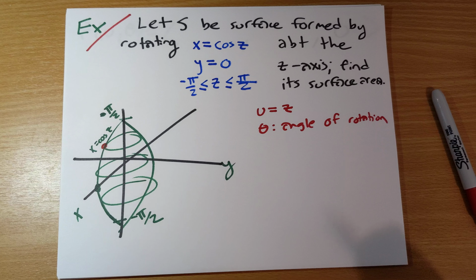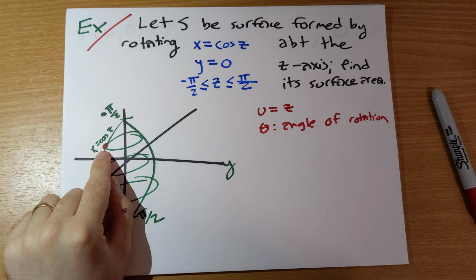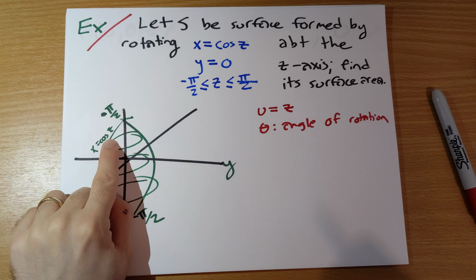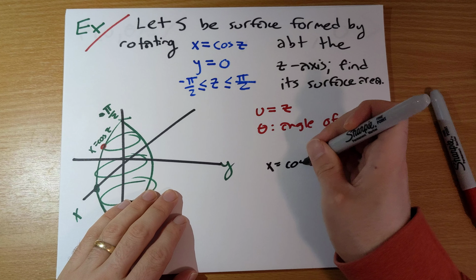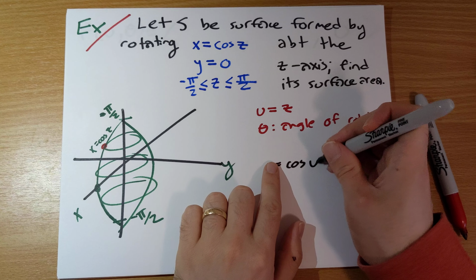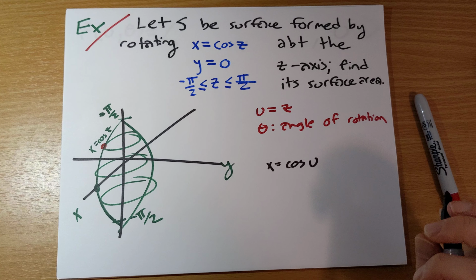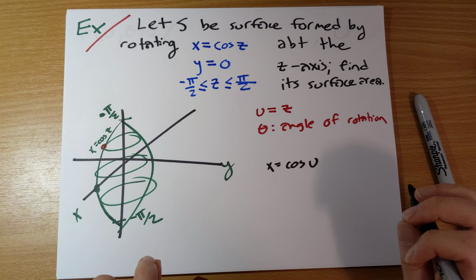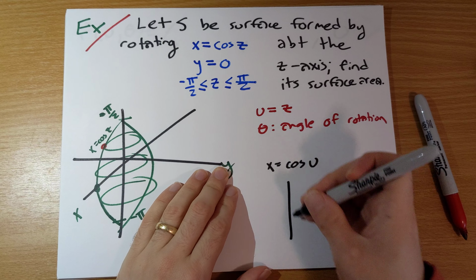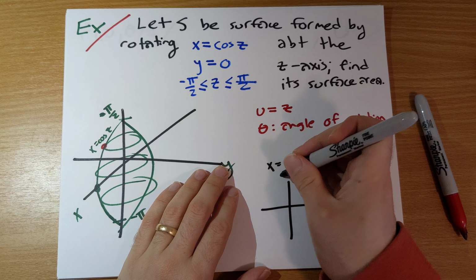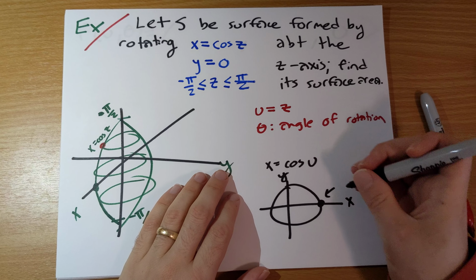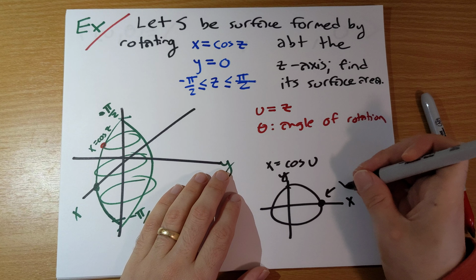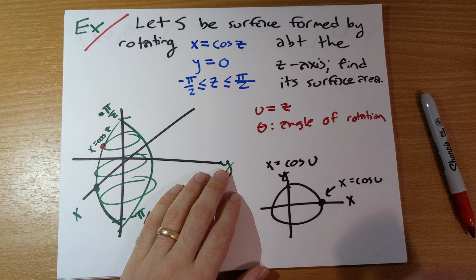As for the x coordinate, we start off with x equal to cosine z, when z gets replaced by u, cosine u. But that's not our final answer. That's the point that we could rotate from. So in the xy plane, this point right here is going to be x equal to cosine u.